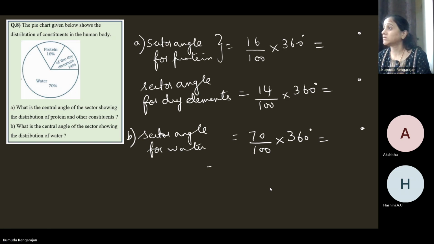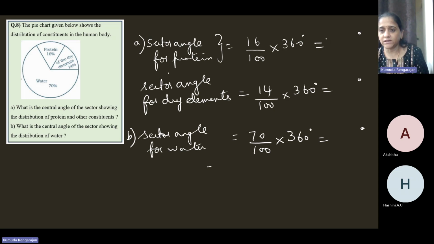What happened? I got 144 degrees for protein. But then 16 by 100 into 360, so 16 into 360.